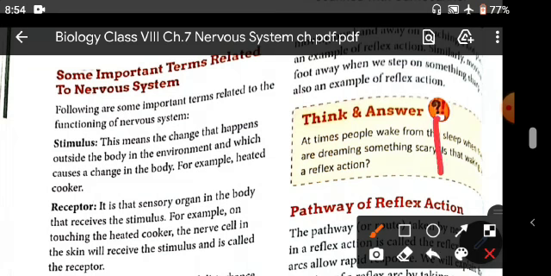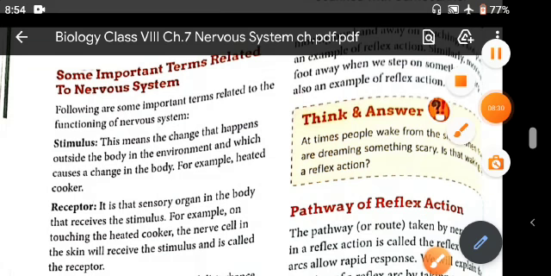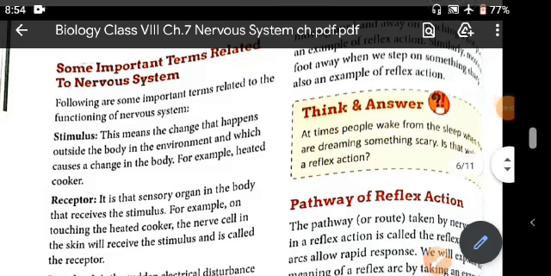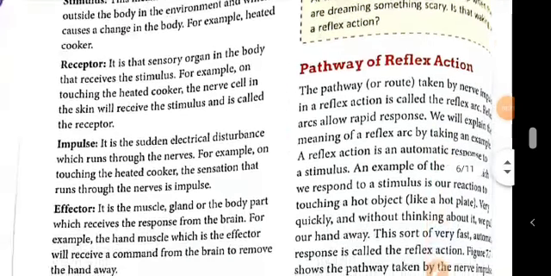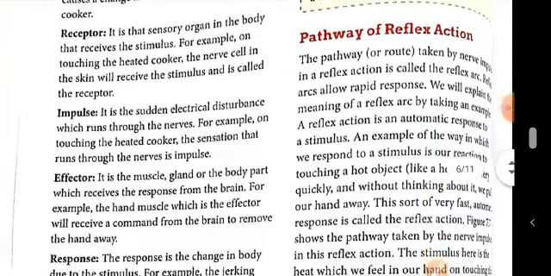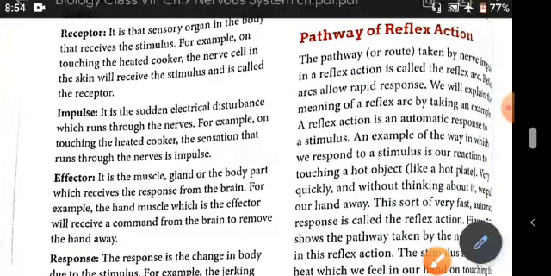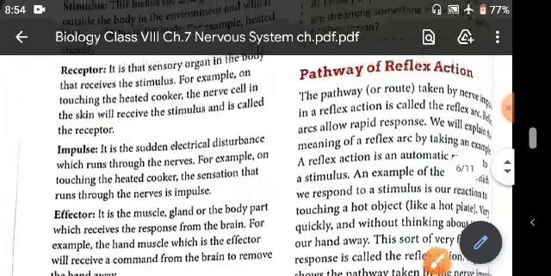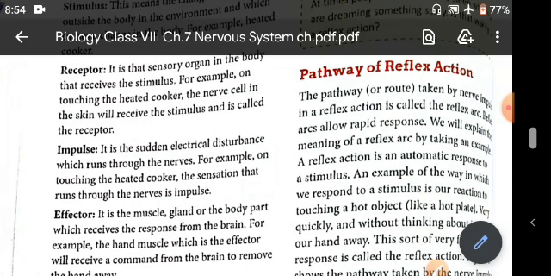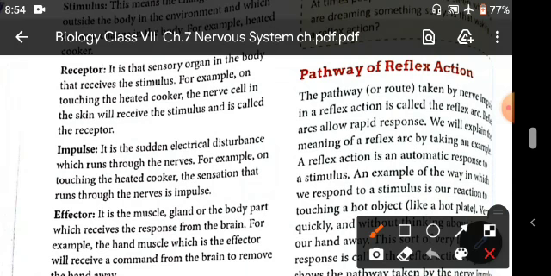Now the pathway of reflex action, that means what routes are there in the reflex action. The pathway taken by the nerve impulse in reflex action is called the reflex arc.